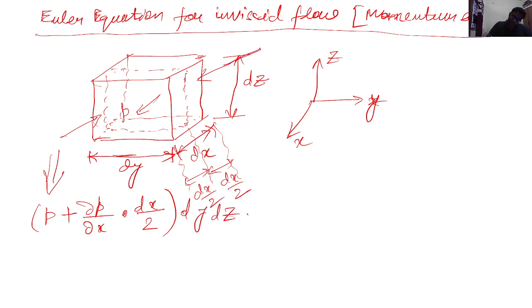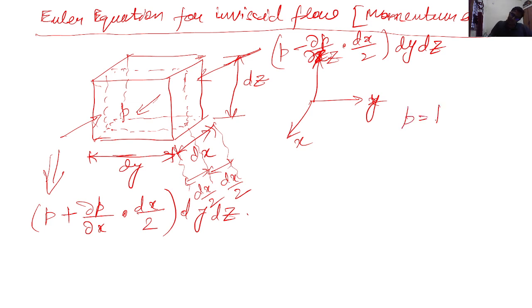Again, the pressure here would look like P, which was the center pressure, minus del P by del x times dx by 2, into dy dz, just to convert the pressure into force. Why minus? Because the center was assumed as the origin, and it is dx by 2 distance away.